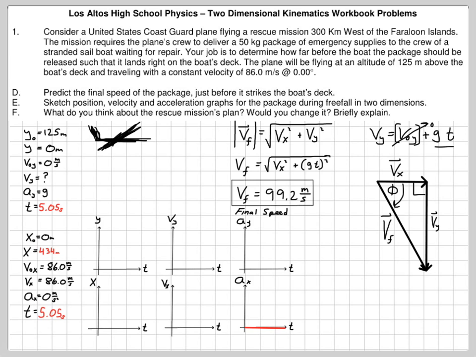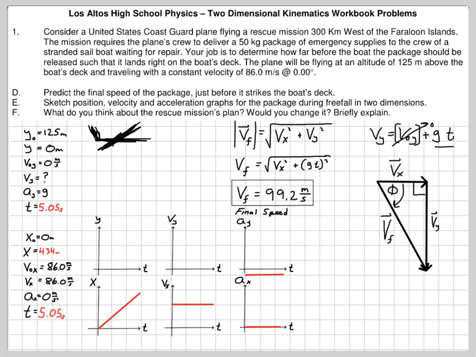So 0 acceleration in the horizontal dimension, and then constant horizontal velocity, 86 meters per second. And then the position graph just is a line segment with positive slope, representing equal distances traveled in equal time, constant velocity. And now for the vertical dimension, the acceleration in free fall is always this downward directed negative 9.8 meters per second each second.